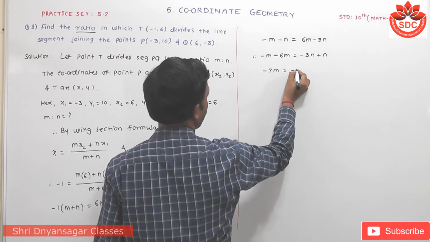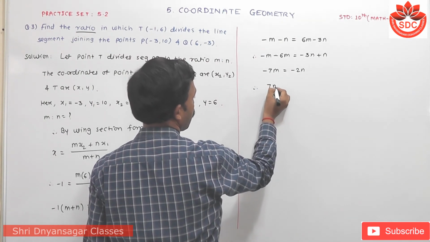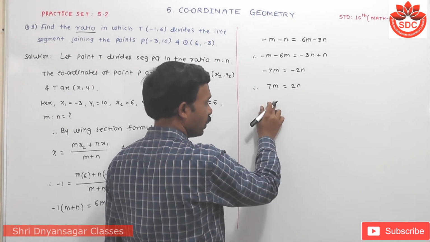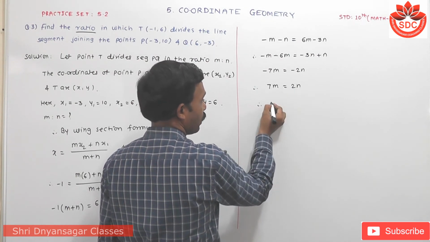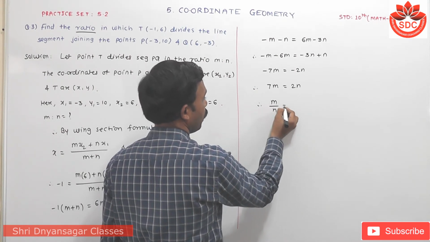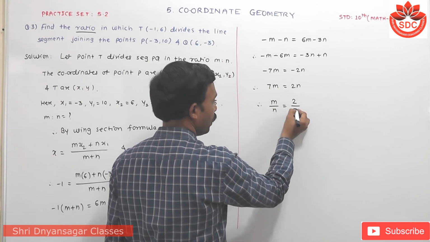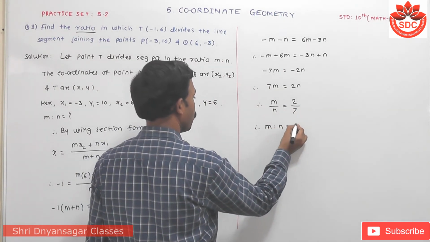The subtraction is -7m is equal to -2n. Changing the sign, 7m is equal to 2n. I have transferred n to this side and 7 to this side, so m upon n is equal to 2 upon 7. Means that m:n is equal to 2:7.